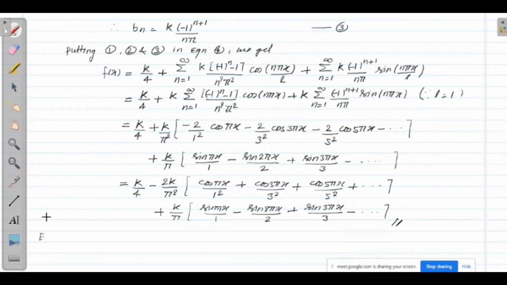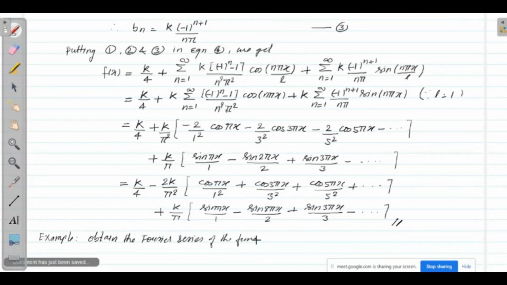Example: obtain the Fourier series of the function f of x.